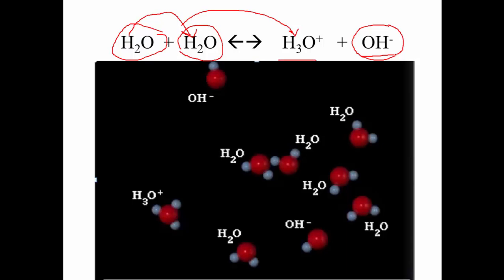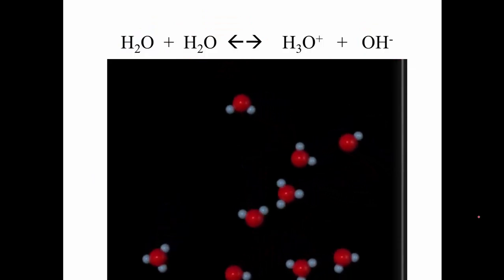We'll learn how to take a log function of that number, 1 times 10 to the negative 7, and turn it into what we refer to as the pH of neutral water, which is 7. So let's watch the molecules collide as they transfer that proton.